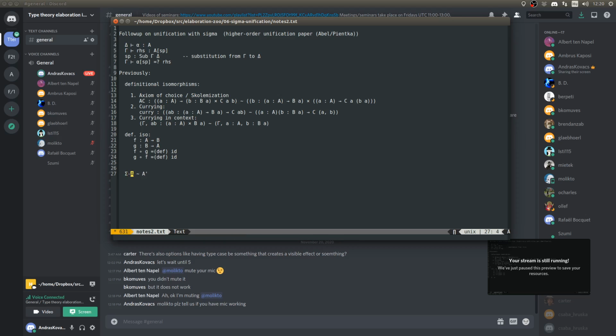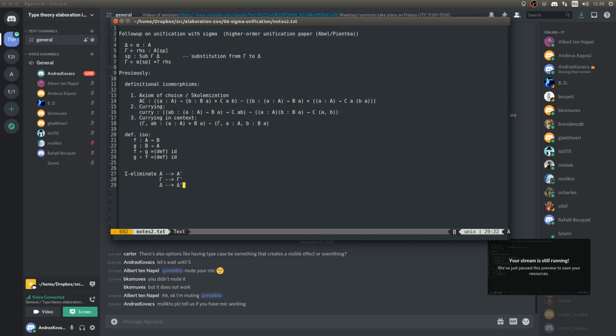this kind of sigma elimination of A into an A prime, and also sigma eliminate gamma to gamma prime, and we can also do delta to delta prime.